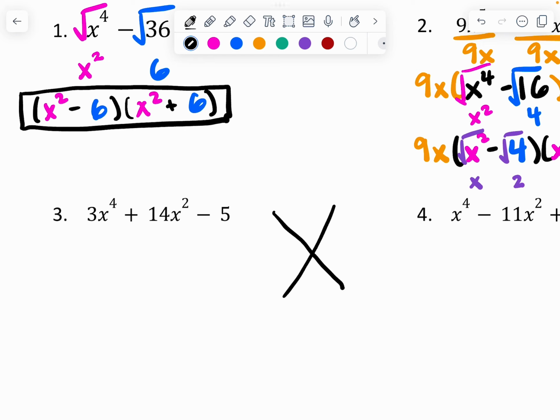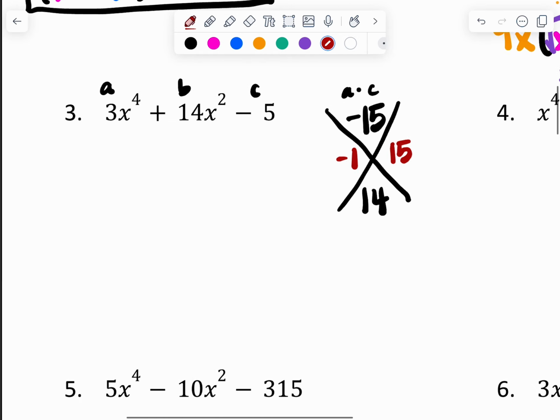So in my top number, I'm going to have A times C, so negative 15, and bottom number is 14. Top number is negative, so one of my factors is negative and one is positive. So I will use positive 15 and negative 1. When I add those together, I'd get 14.